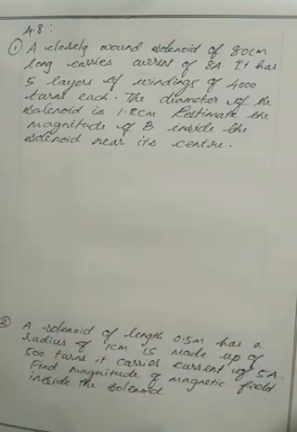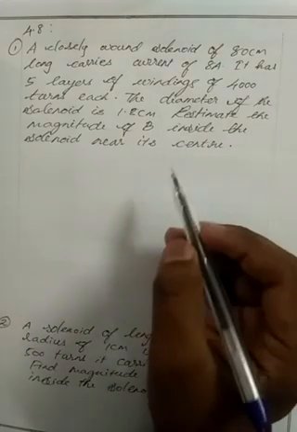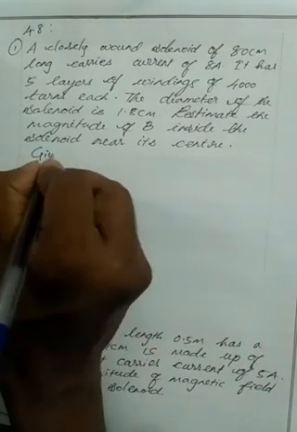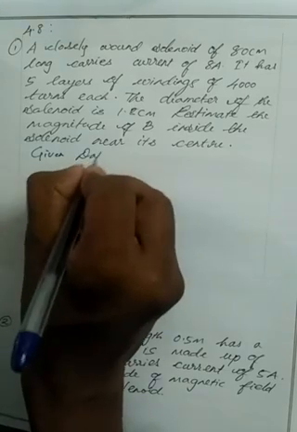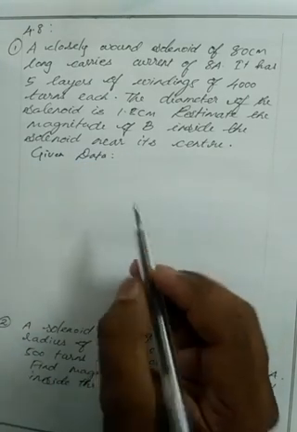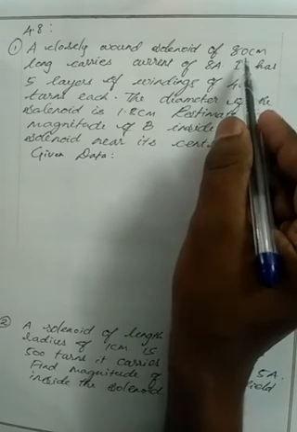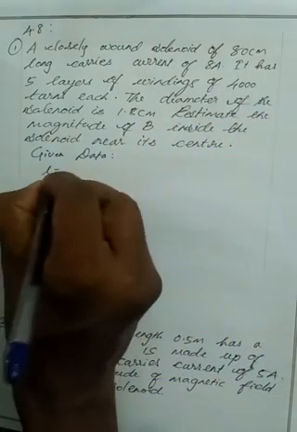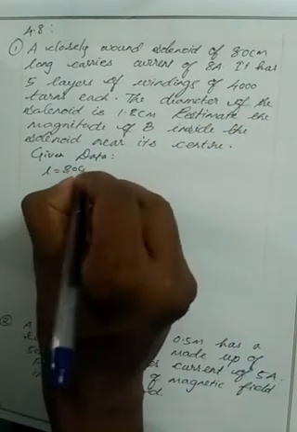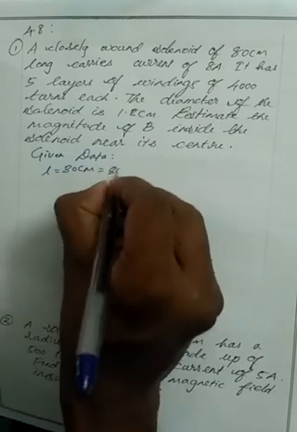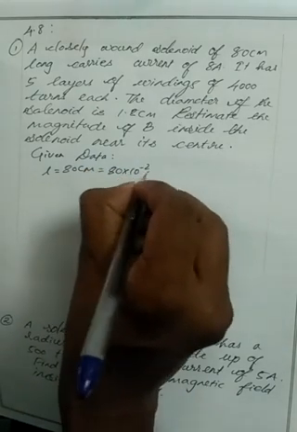So first we have to write the given data. So what are the data given? Length of the solenoid is 80 centimeter long. So I can write length equal to 80 centimeter, which will be equal to 80 into 10 power minus 2 meter.